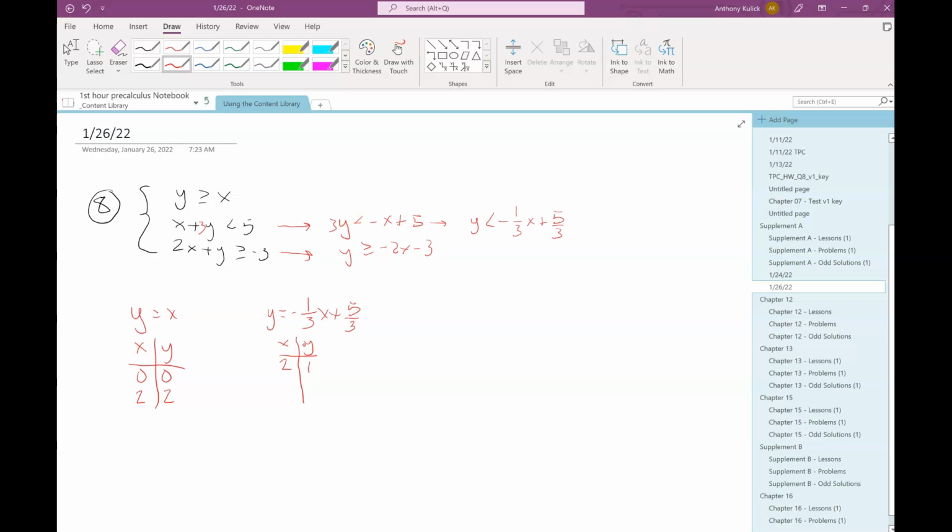And then maybe I'll pick x to be negative 5, because that'll give me negative 5/3 plus 5/3, which gives me 0. That way I can avoid having to graph any fractions, because that's just kind of a hassle. Not that it's a big deal, but I can be clever and pick around having to do that.